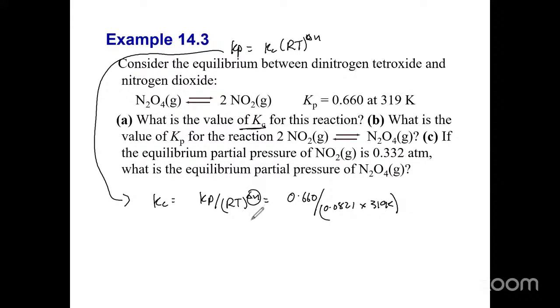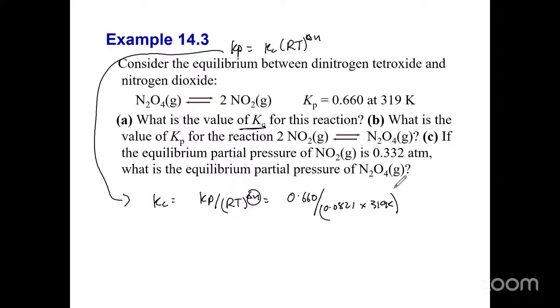So what is delta N in this case? Remember, delta N is the sum of the coefficients of the products minus the sum of the coefficients of the reactant. What's the sum of the coefficients of the product? 2, right? And what's the sum of the coefficients of the reactant? 1, right?